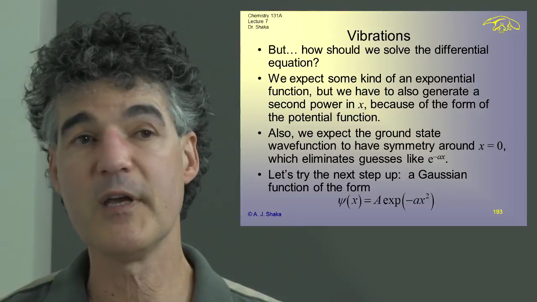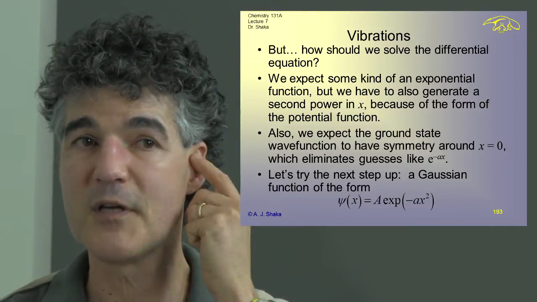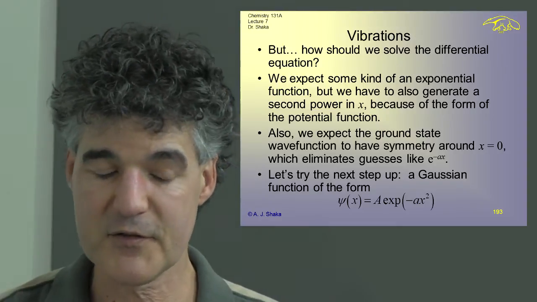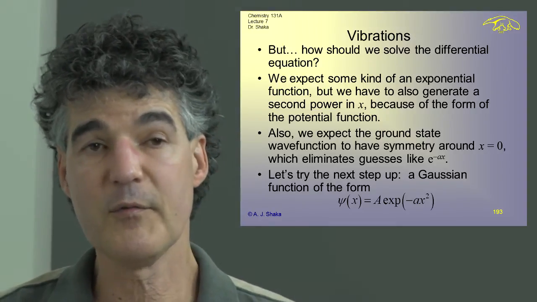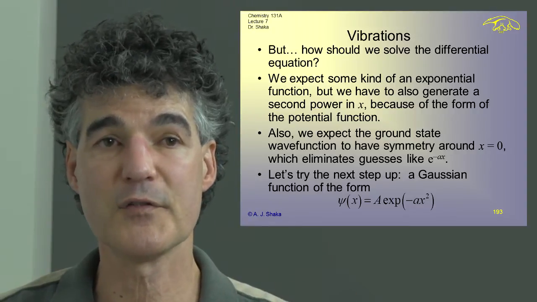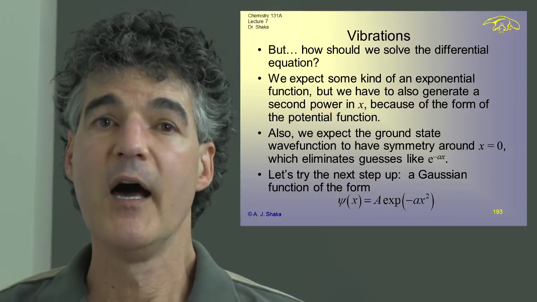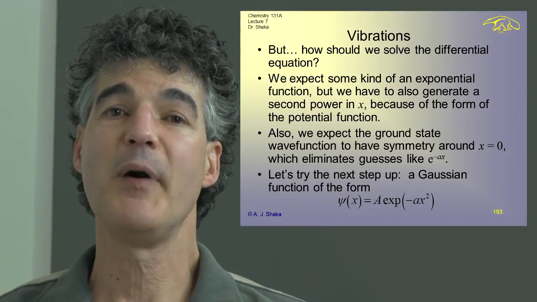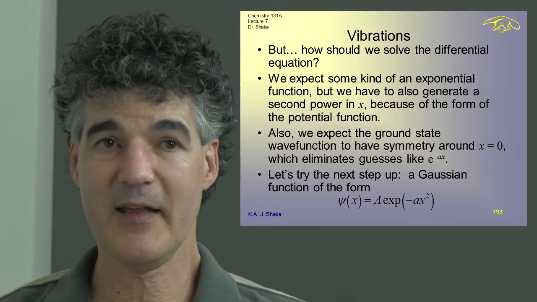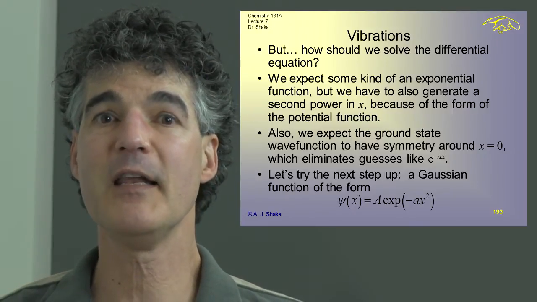And that means that we can't have anything like e to the minus alpha x or something like that because that's not symmetrical around 0. We could have that plus e to the plus alpha x, but we can see right away that neither of those would be any good. Since those don't look good, you try the next power up. And if you try the next power up, which is a Gaussian function, you get very lucky.